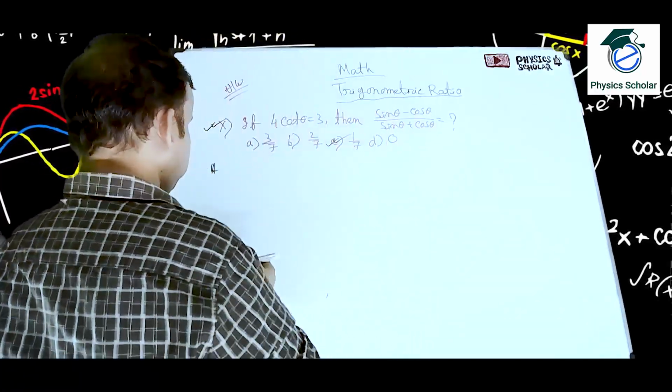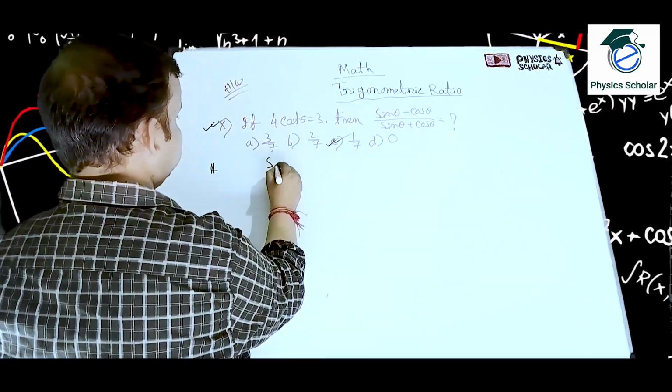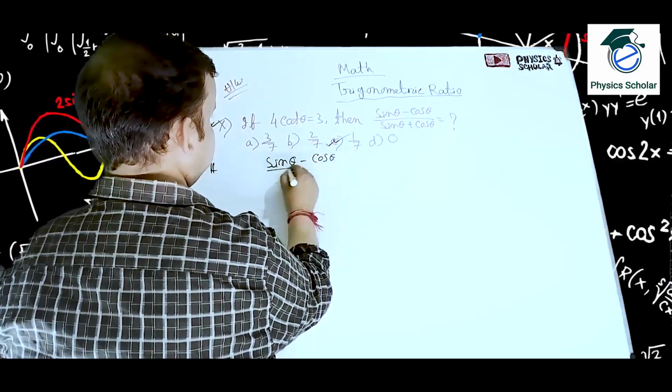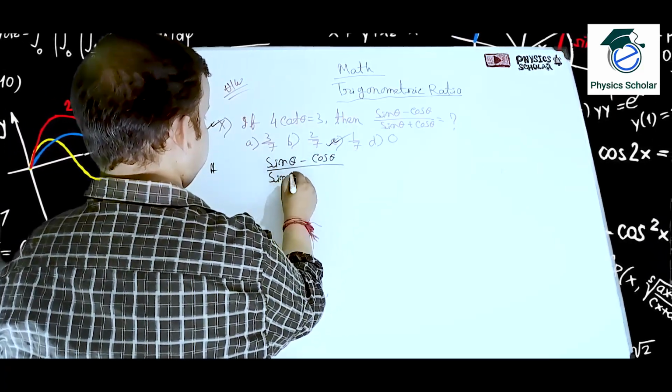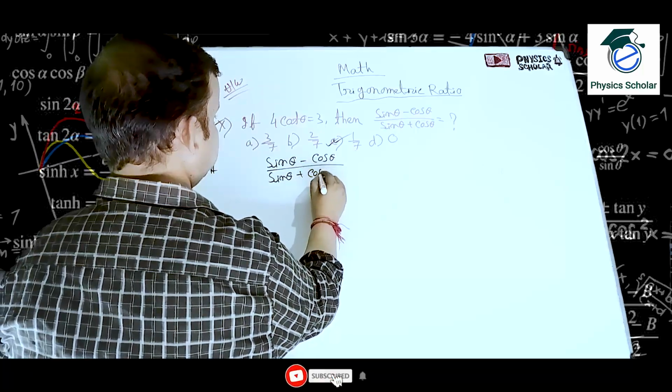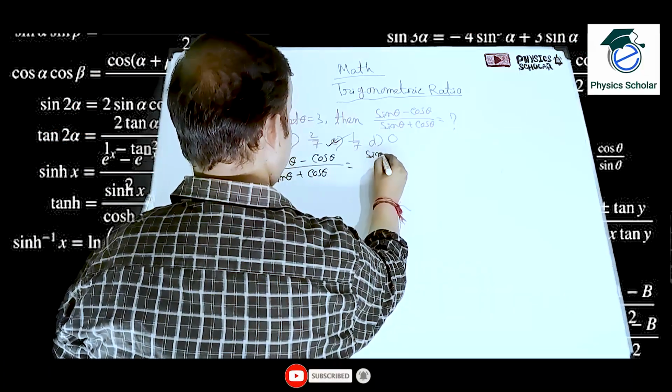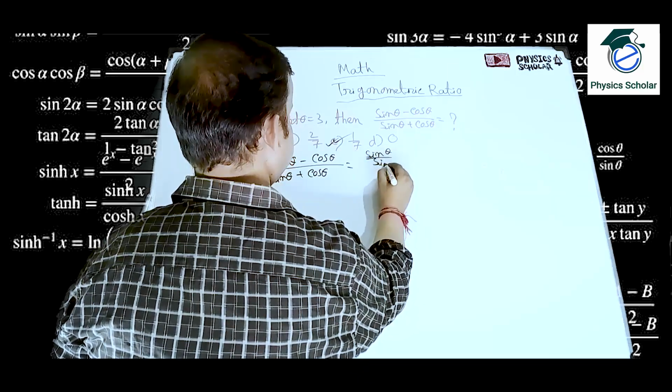So that way also you can do. That means what? Sin theta minus cos theta divided by sin theta plus cos theta. So let us divide both the numerator and denominator by sin theta.